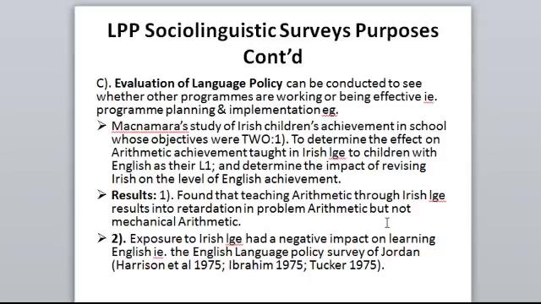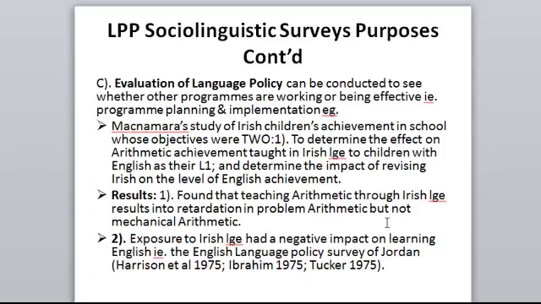For example, the English Language Policy Survey of Jordan, as reported by Harrison et al. 1975, and again reported by Ibrahim 1975, and again reported by Tucker 1975.